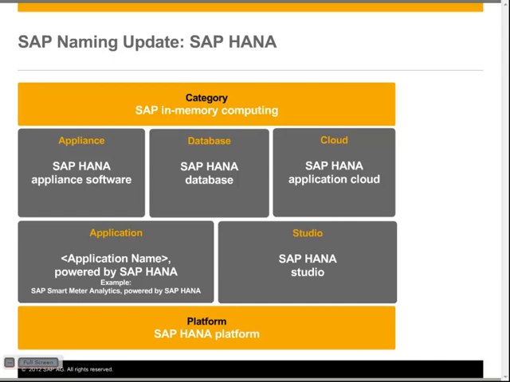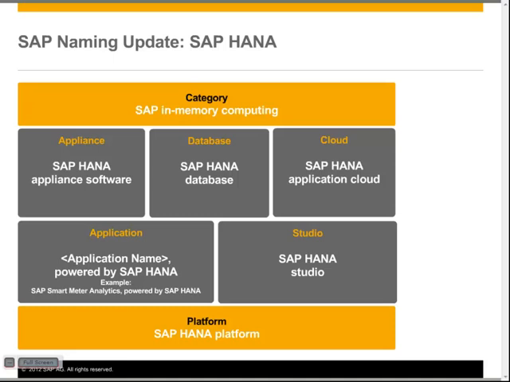The SAP HANA database itself is a hybrid in-memory database that combines row-based, column-based, and object-based database technology. It's optimized to exploit parallel processing capabilities of modern multi-core CPU architectures. With this architecture, SAP applications can benefit from current hardware technologies.